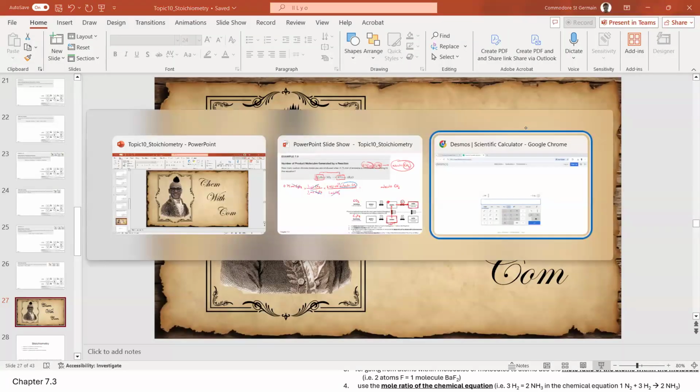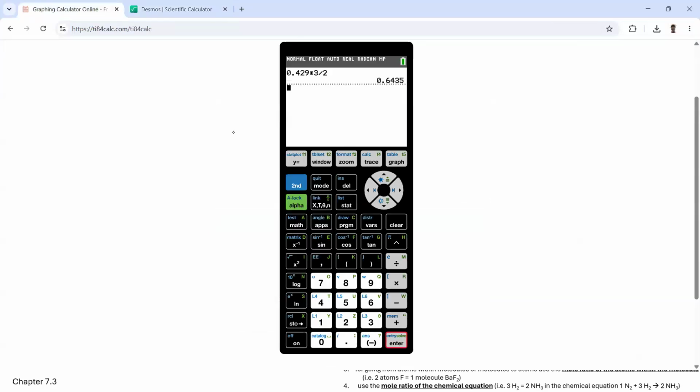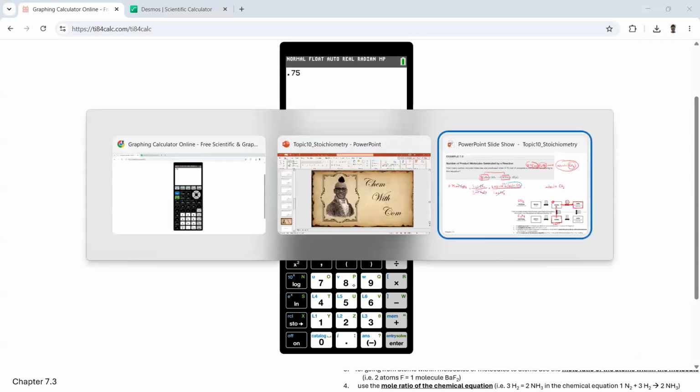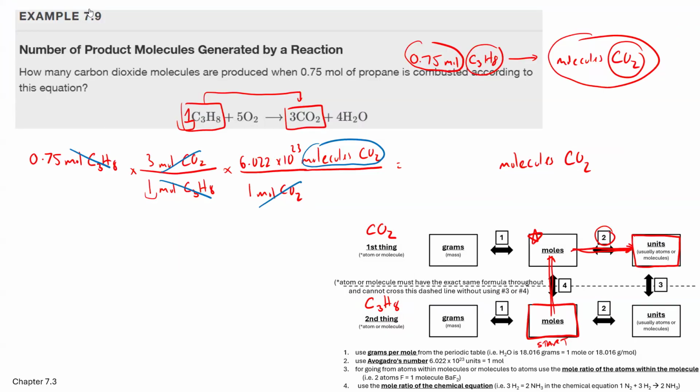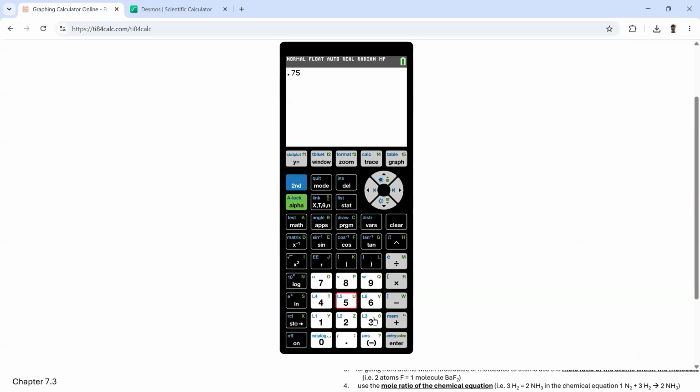Oops. All right, so let's do another calculator. Clear this. So it was 0.75, right? 0.75 times 3 divided by 1.